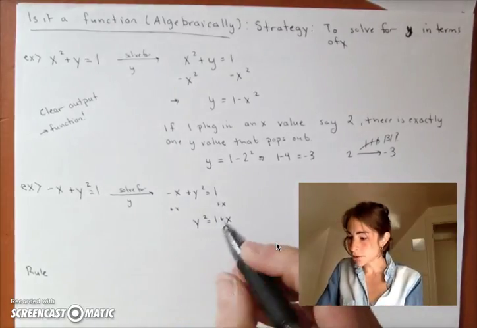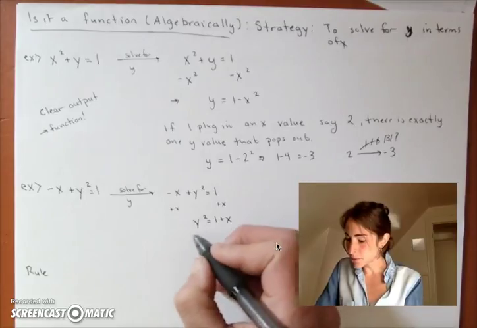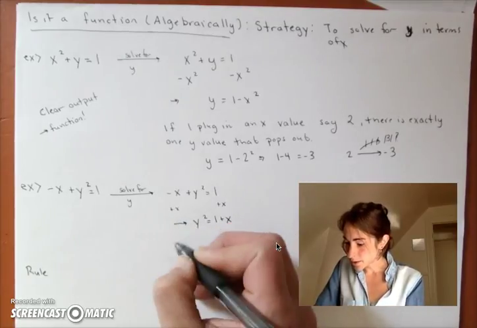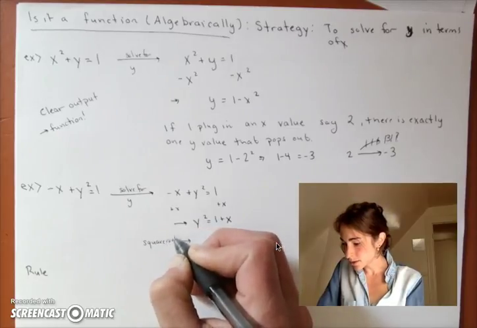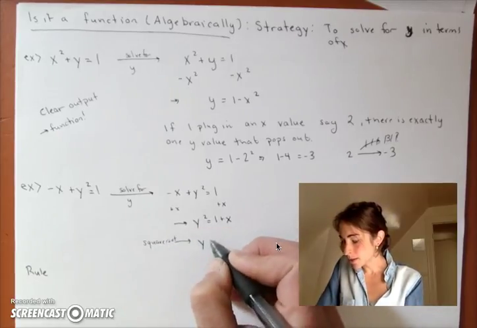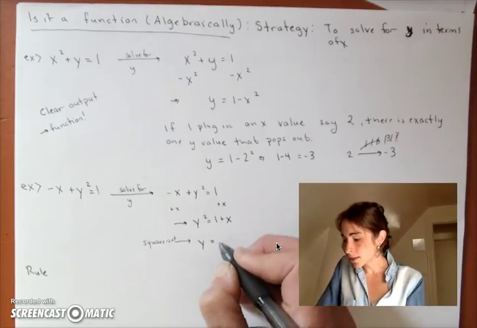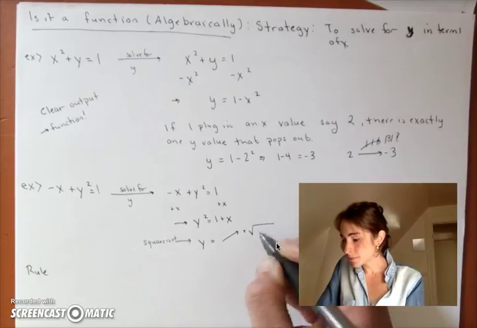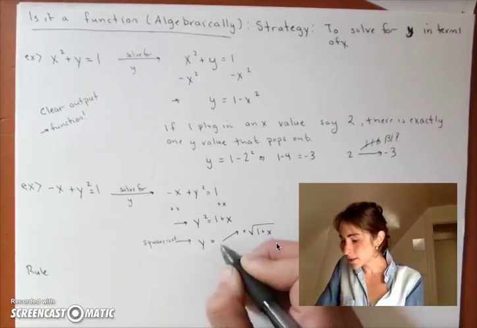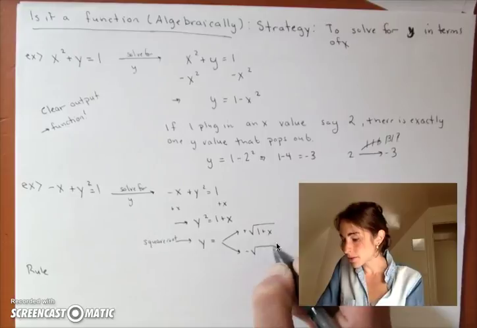If I'm trying to solve for y, now I need to take the square root of both sides. So square root, and I'll get y equals, on the other side, either the positive square root of 1 plus x or the negative square root of 1 plus x.